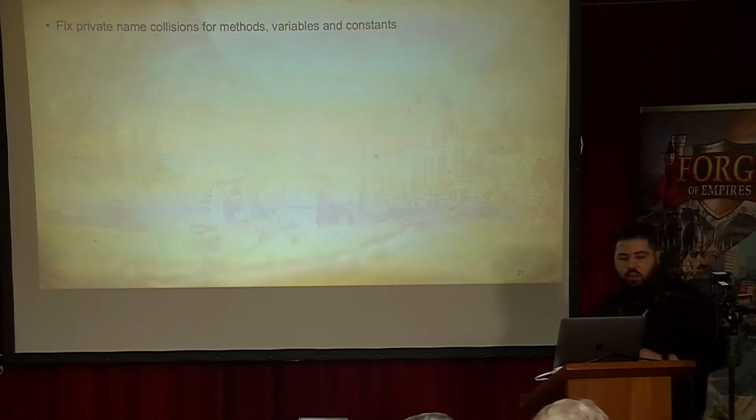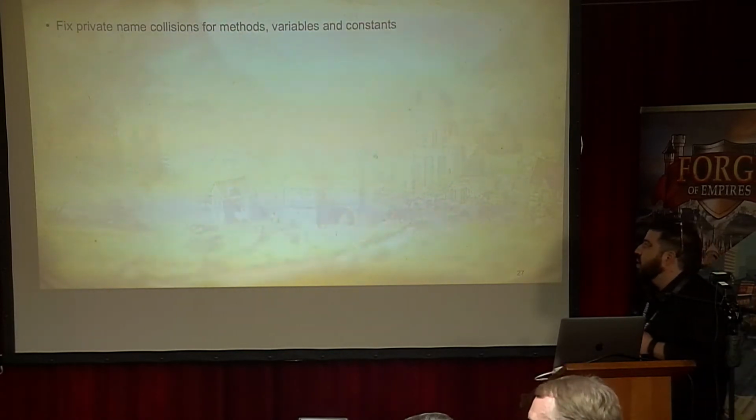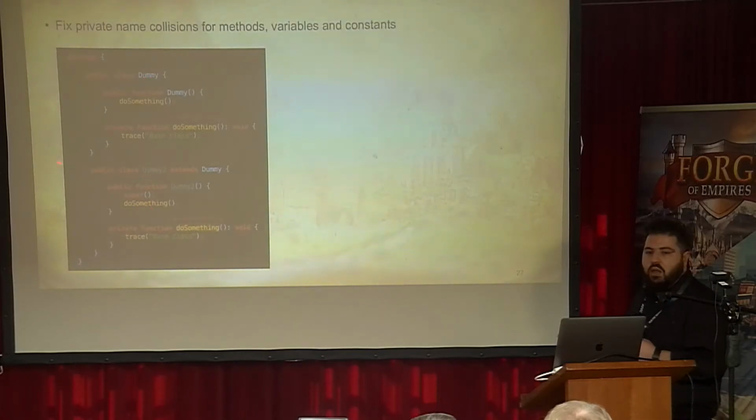And this is the most important one: fixing private name collisions for methods, constants, and variables. One problem of having well-structured code in ActionScript is that you're going to use a lot of private methods. And as you know, Haxe doesn't have a real private. When you subclass another class, you inherit the private methods. In a simple case like this, we have two classes, one extends the other, and they have exactly the same method name.